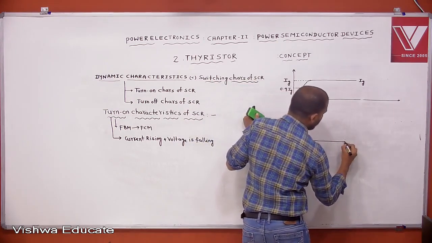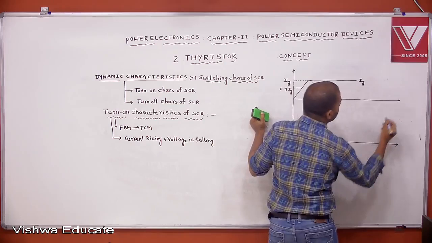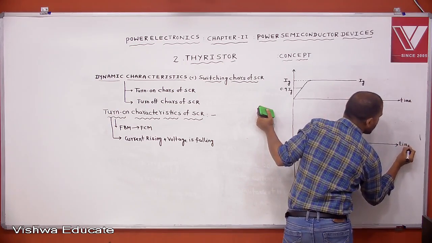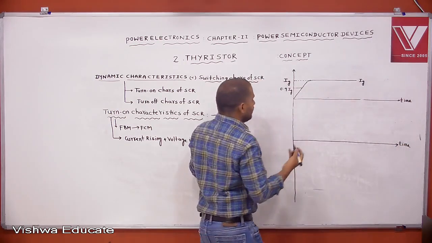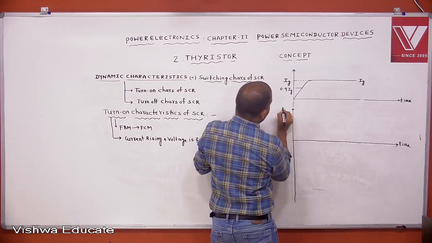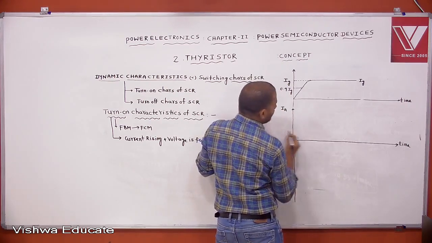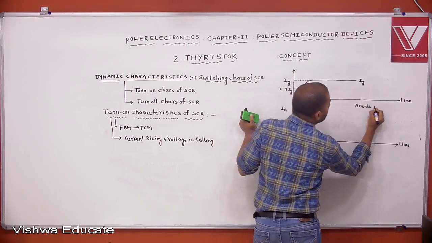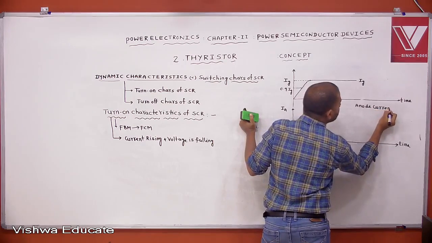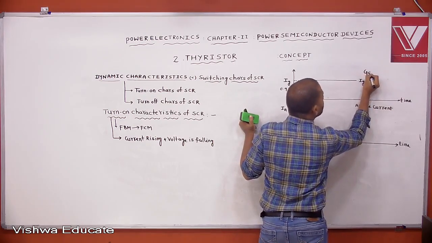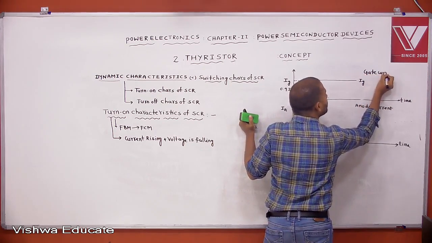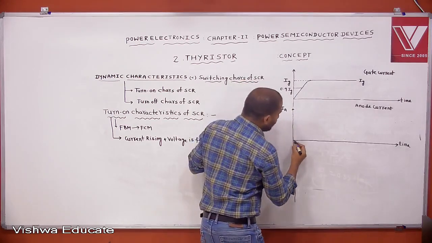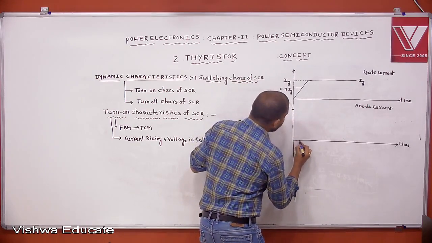This is the anode current waveform. This axis is the time axis. This is the anode current. And this is which waveform? Gate current waveform. Then during turn on of SCR, the current through the SCR is changing like this.